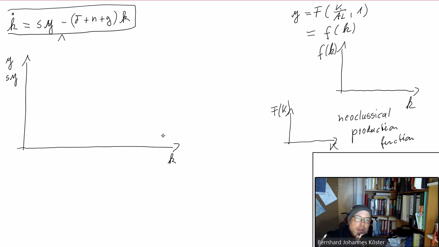But I think here are also some guys who have already listened to my macro course. But this production function, you should have seen also in other lectures, at least in microeconomics. Anybody?